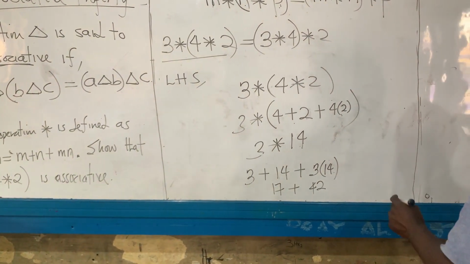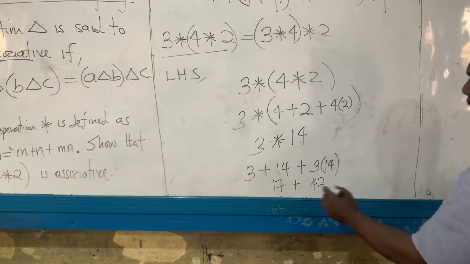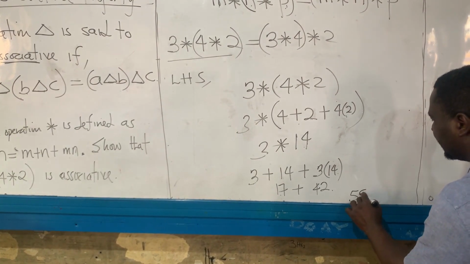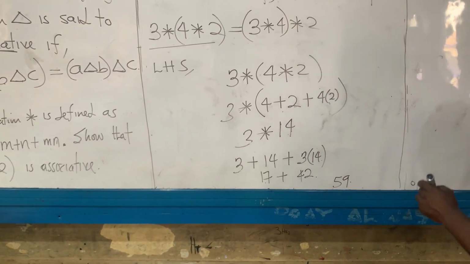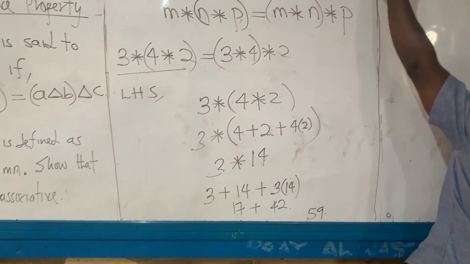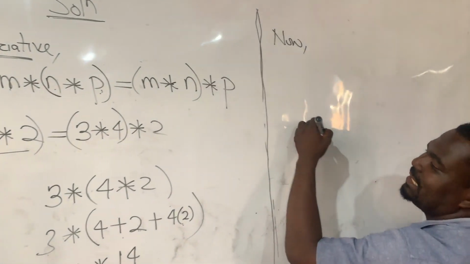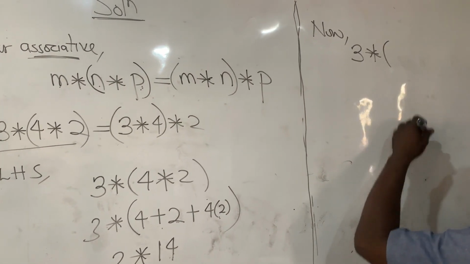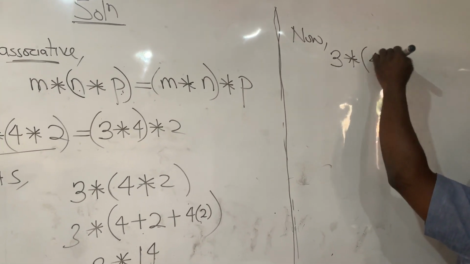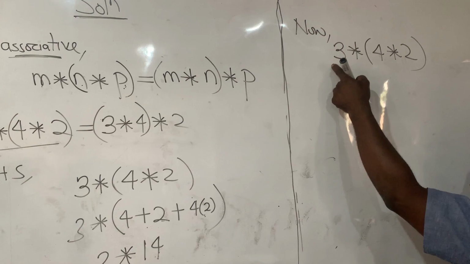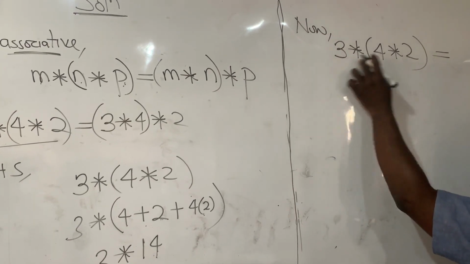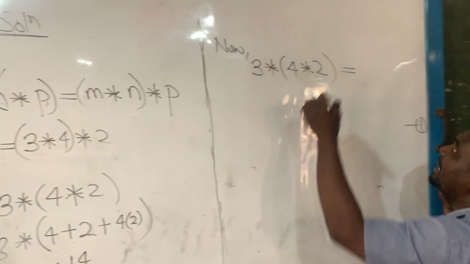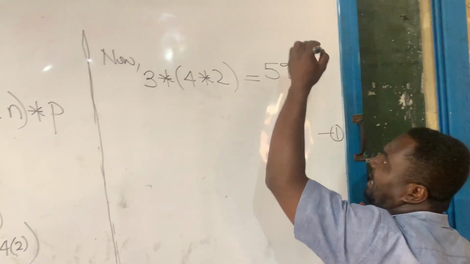So in addition, I'm getting 17 plus this as well, 59. So in all, now I can say that 3 star bracket open 4 star 2 has been solved as a whole, and we've gotten our answer as 59.